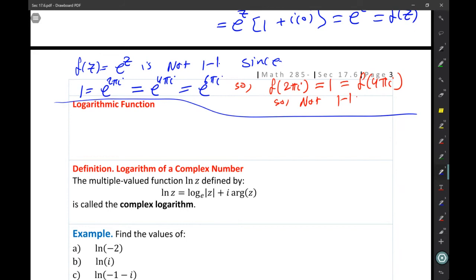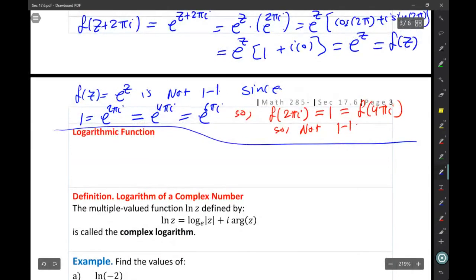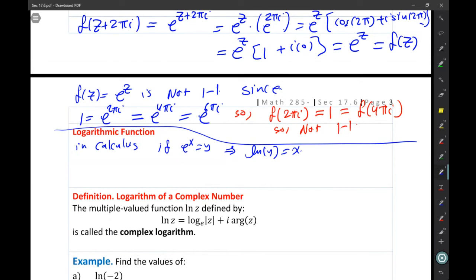Who can tell me what you mean by ln x? Log e. In calculus, if we have e to the power x is equal y, that implies ln y is equal x. I mean, ln is the inverse function of the exponential in calculus. Also, the exponential is the inverse of ln.